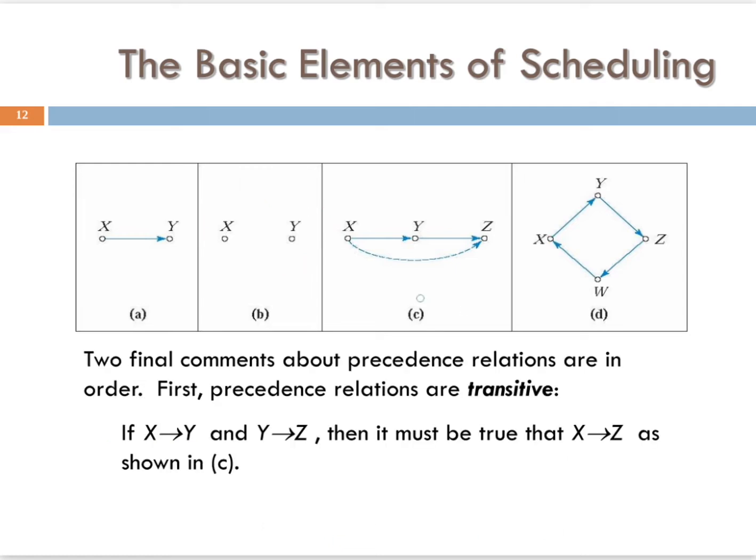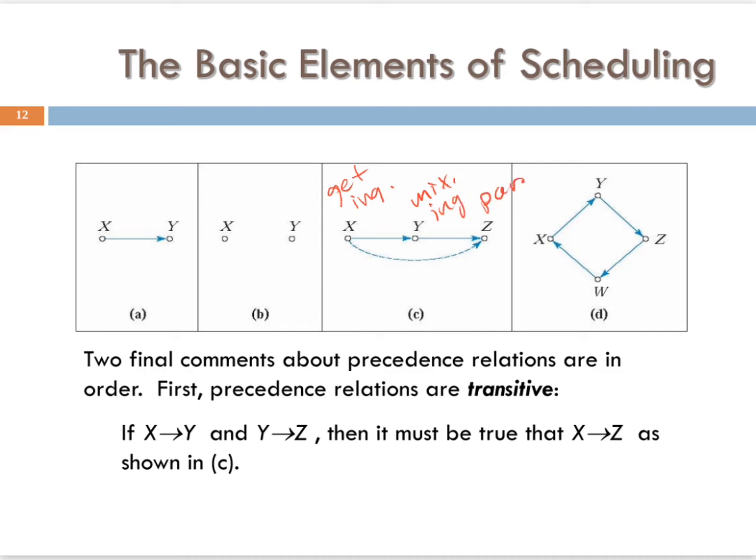All right, the next thing we have is, let's say we have X to Y and then Y to Z. If we're baking a cake, we have to get the ingredients out of the fridge or the pantry, then we have to mix them, and then we can pour them into the pan. So let's say this right here is getting our ingredients. I'm going to abbreviate here. And this right here is mixing our ingredients.